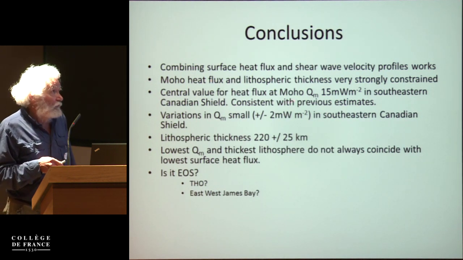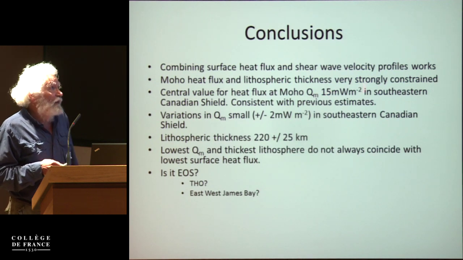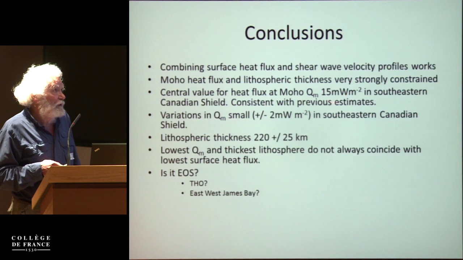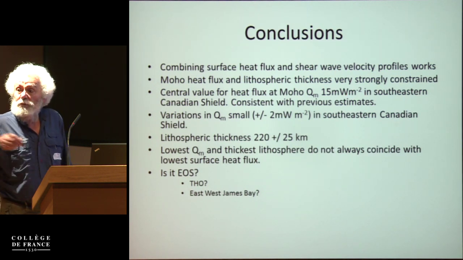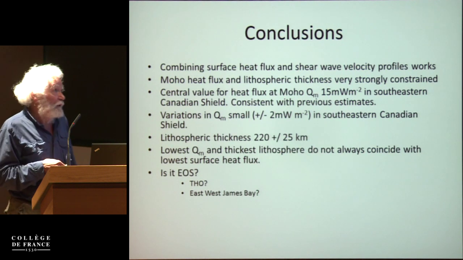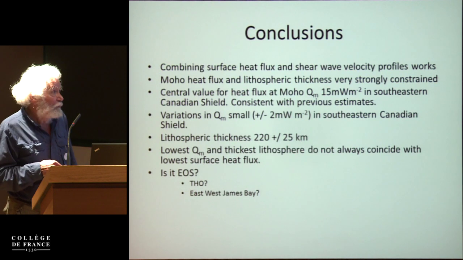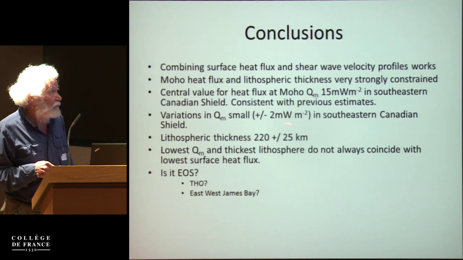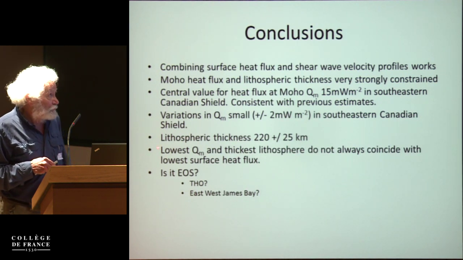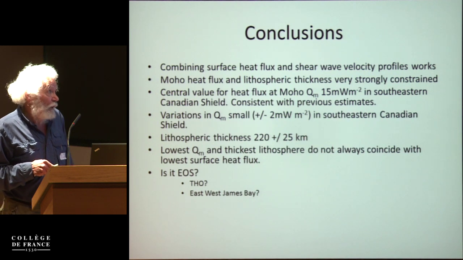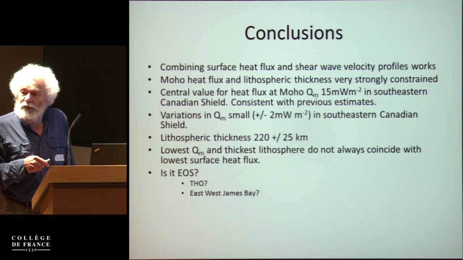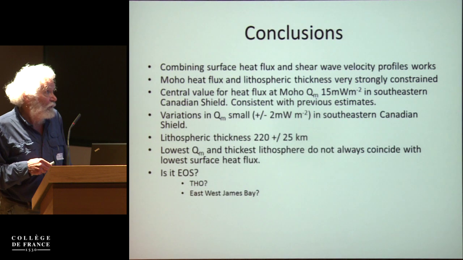The central value of mantle heat flux is 15 plus or minus a few milliwatts per square meter, and this is consistent with all the estimates that we had before, but I think we narrowed down the variability around this value. Lithospheric thickness is 220, let's say plus or minus 25 kilometers.